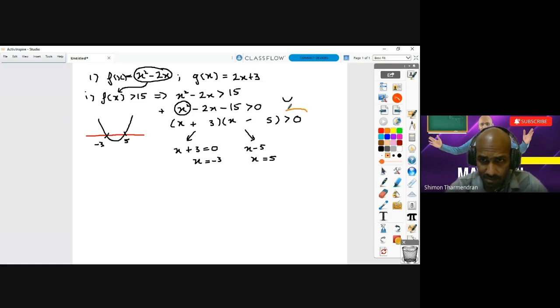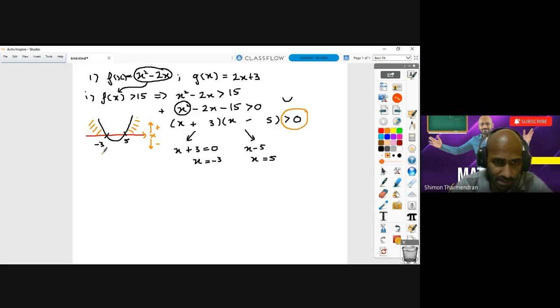Now, this inequality is greater than 0. So we are corresponding to the x-axis. Anything above here is plus, and anything below the x-axis is going to be a minus. So since we are looking for greater than 0, the shaded region is on this side above the x-axis, and also this side. Now, how do we get the set of values?